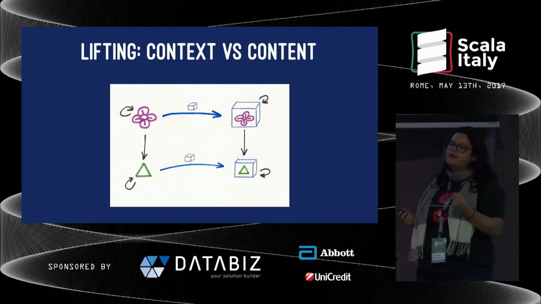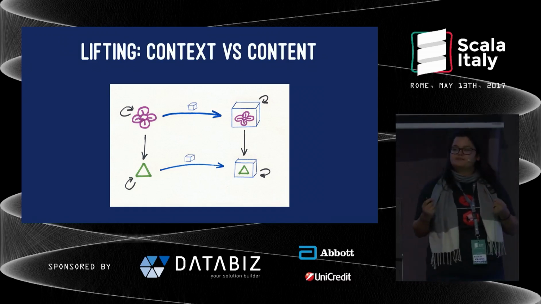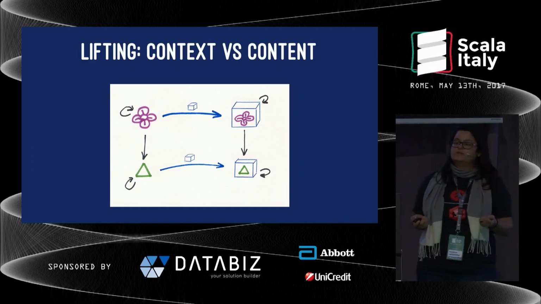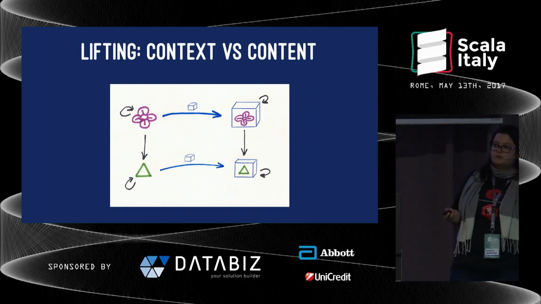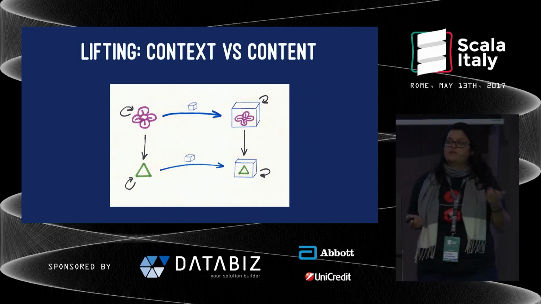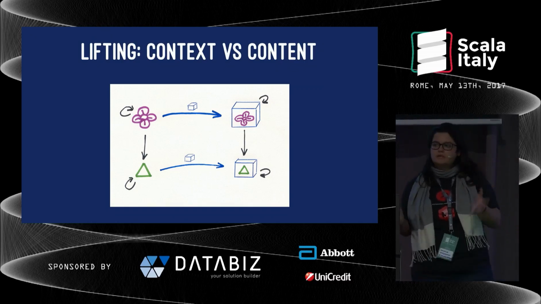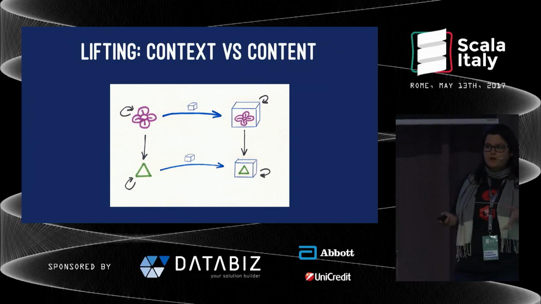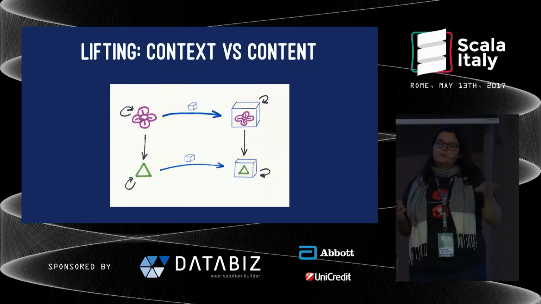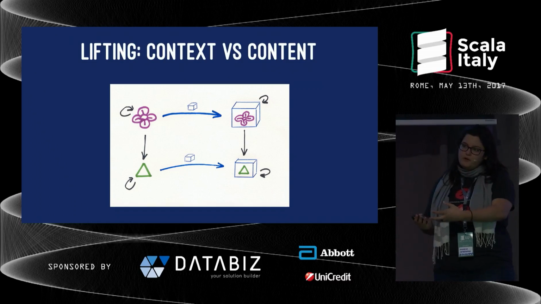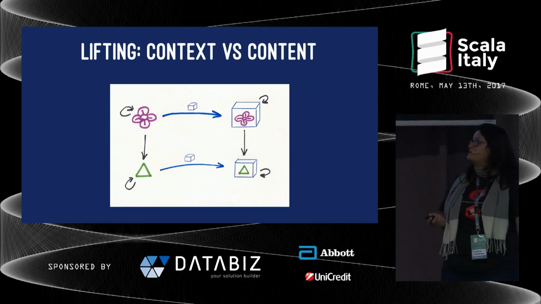Basically, what we're saying is that now we don't just have data, but we have information about our data. So for example, if we have an option, we know that the data might be missing, it's not guaranteed that it's going to be there. So this is extremely useful because we have a clear information about the content of our box and the meaning of our box.